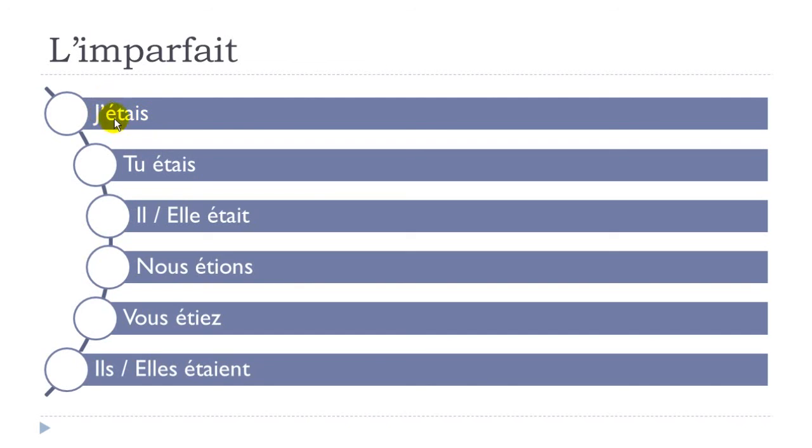Remember, here we've got accent aigu, so it goes like é. Tu étais, il était, elle était, nous étions, little liaison here to make it more beautiful. Final S not pronounced, remember. Vous étiez, same thing here, little liaison, and then ils étaient, liaison as well, elles étaient.